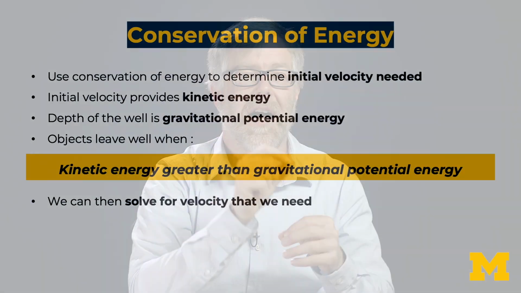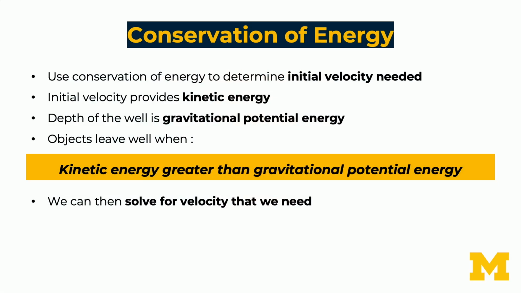A very shallow well has very small potential energy. And so an object will actually leave that gravitational potential well if the kinetic energy is greater than the gravitational potential energy. And so you can figure out where those things are equal to each other. If you have just a little bit more kinetic energy, it will leave the gravity well.